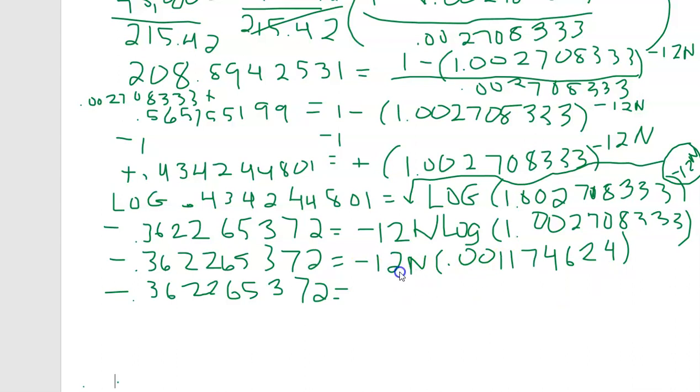And I'm allowed to do that, just like multiplying 3, 4, and 5 together, and just multiplying the 3 and the 5 first before multiplying the 4. So if I multiply times negative 12, I get negative 0.014095949. And we have our n.